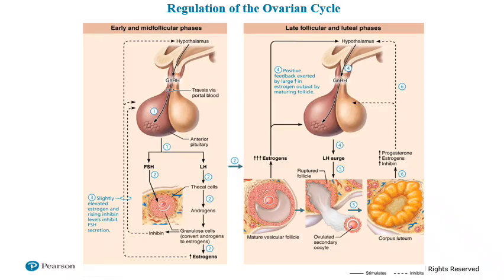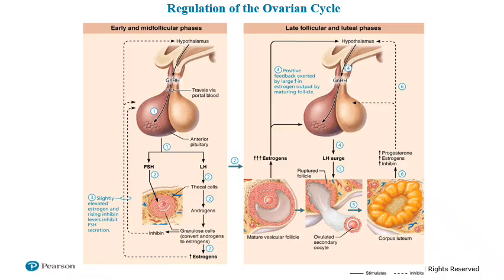Now, LH stimulates the thecal cells to produce the androgens. And the granulosa cells will convert these androgens into estrogen. And that would further increase the level of estrogen in the body.